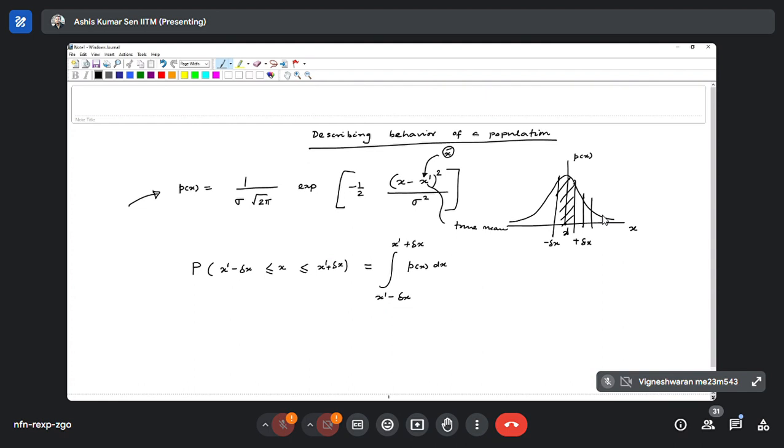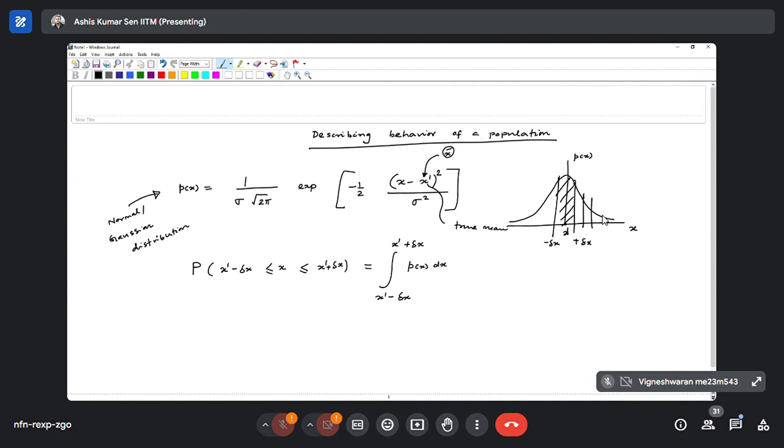So this is enabled by the normal distribution or Gaussian distribution. Typically, if you want to find out the probability, these are tabulated and these tables are given. Normal distribution tables are given, which I will show you in a while.